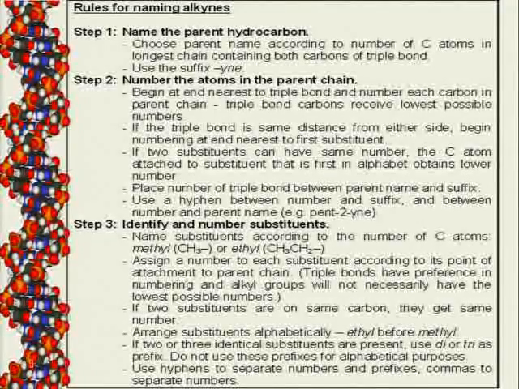And then the hyphen and the comma, the hyphen between the prefix and the number, and the comma between numbers, that is very important, because you forget it if you are in a hurry and you're excited because you know the name of this one.